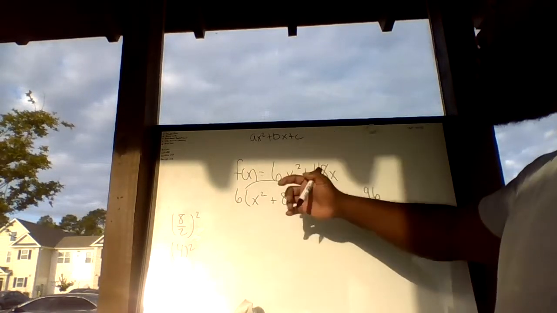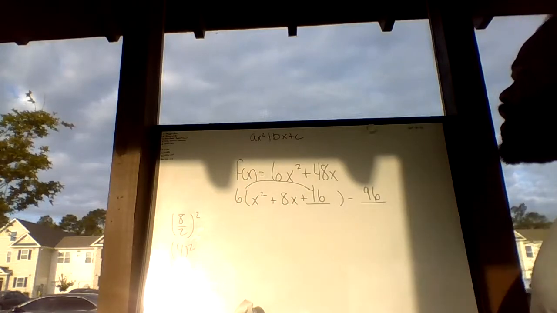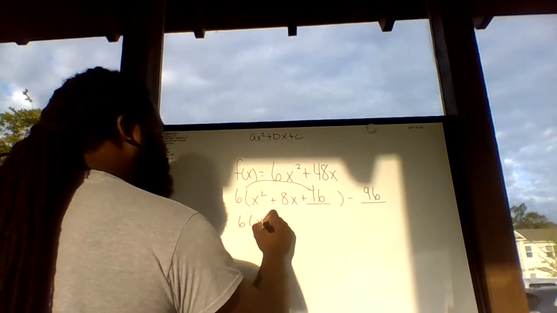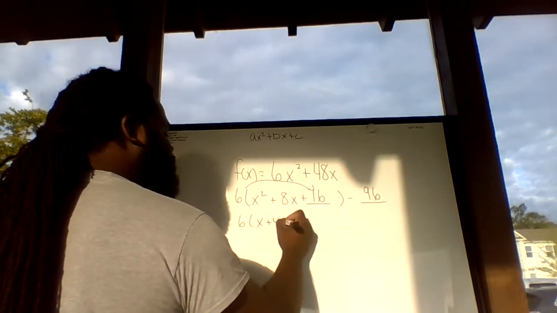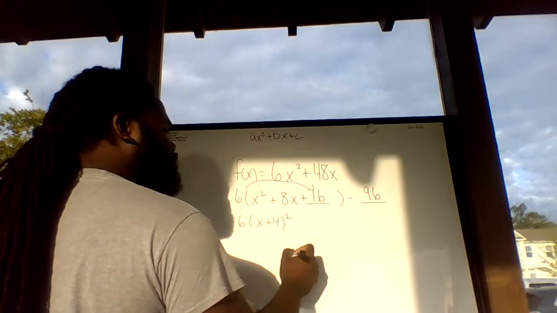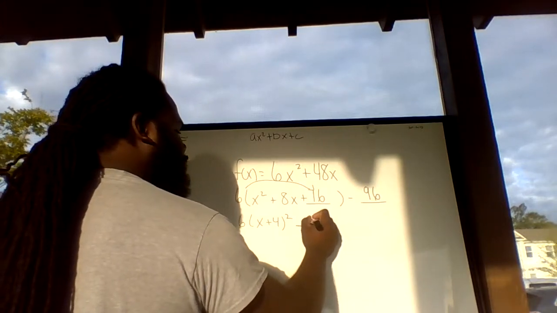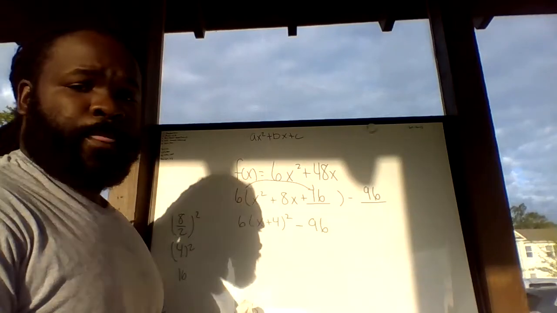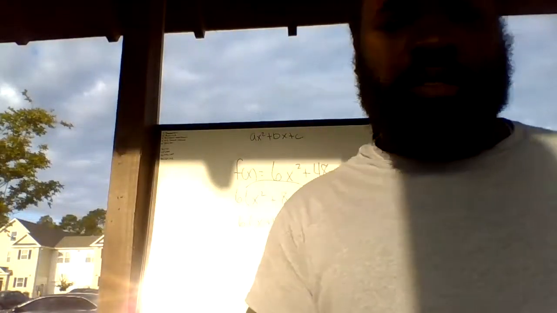Now we formed our perfect square trinomial. Now we want to write our trinomial as a binomial. That's going to give me (x plus 4) squared minus 96.